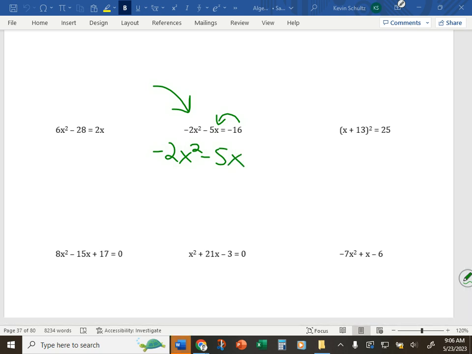Some of you have had to retake slope intercept form over and over again because you're not changing the sign when you move that x term over. When you move this negative 16 over, make sure you change the sign. And there you go. Now you can quadratize.